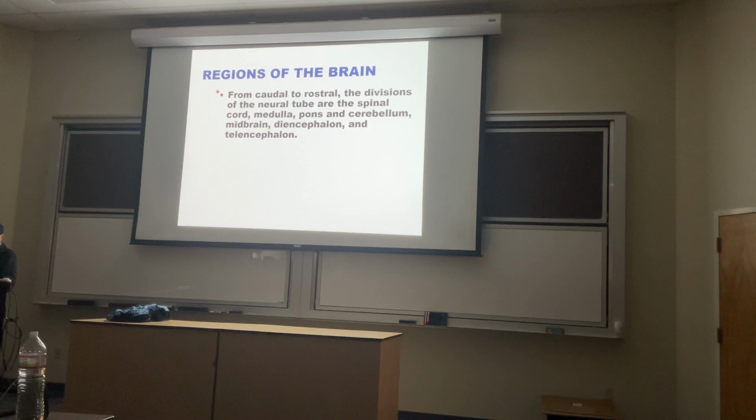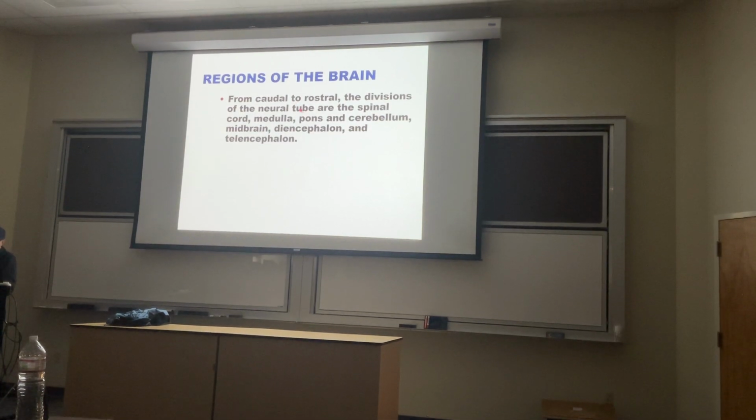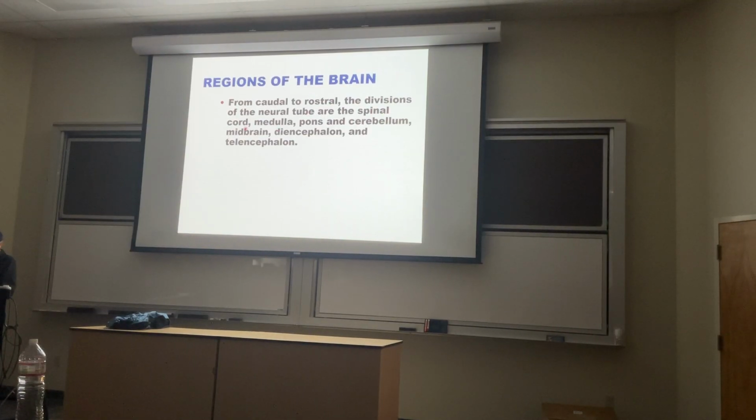Rostral means nose. So from caudal to rostral, from the developing central nervous system, we have the spinal cord, the medulla oblongata, the pons, the cerebellum, the midbrain, the diencephalon, and the telencephalon, which is the cerebrum.